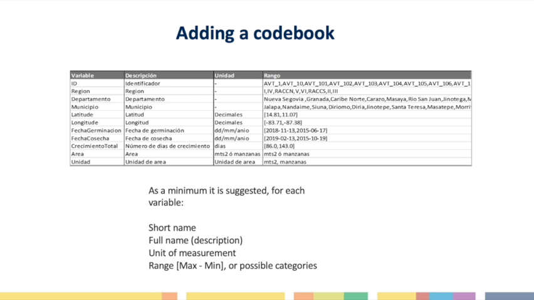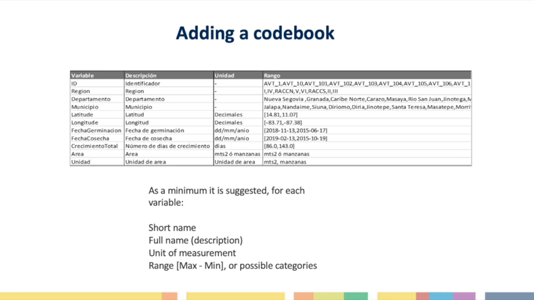It's also important to highlight the complete name of each variable associated to that short name, and also to establish the measurement unit that we hope is already uniform for the whole variable. It's also important to take into account the range of the variable between the minimum and maximum value for numerical variables and also dates, and qualitative variables.